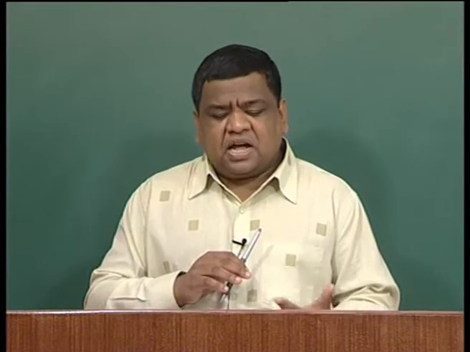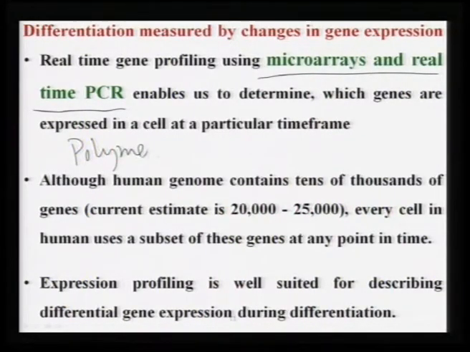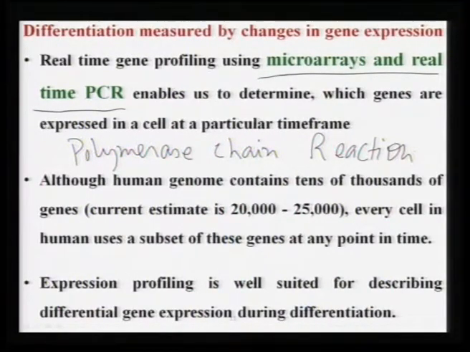This differentiation process means your gene expression changes, and these changes can be monitored by two techniques. One is microarrays and the other is real time PCR. PCR stands for polymerase chain reaction, and these are the two techniques.